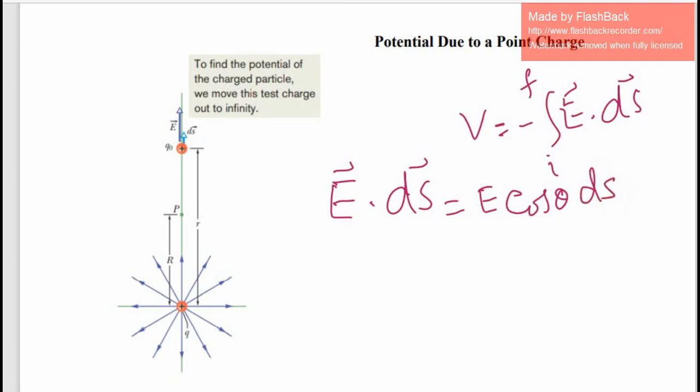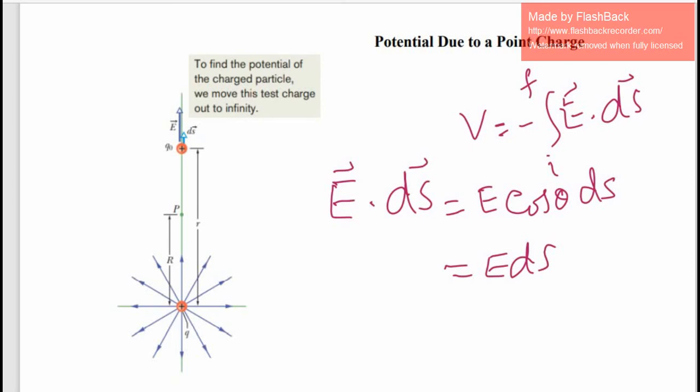Theta is the angle between E and ds. It is 0 because both are parallel. So the dot is gone, and it is equal to E ds.